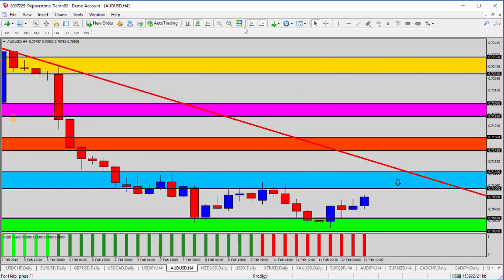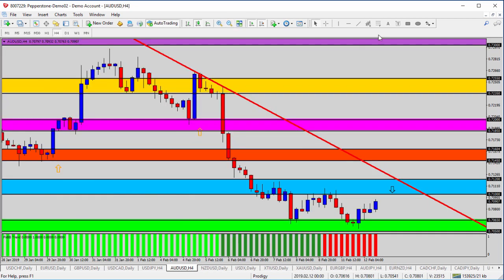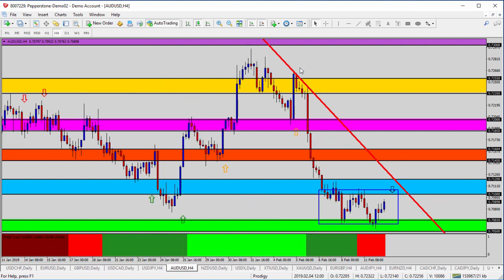Look at what's been happening over the past couple of days here. It's this area right here where we see resistance at the blue zone, already seen it, support at the green zone. So again, if we're going to look for a lower risk opportunity, and that's what I want, low risk, right? No, I don't want high risk. So if I'm looking for a lower risk opportunity, it's as close as possible to that blue shaded area, 71.